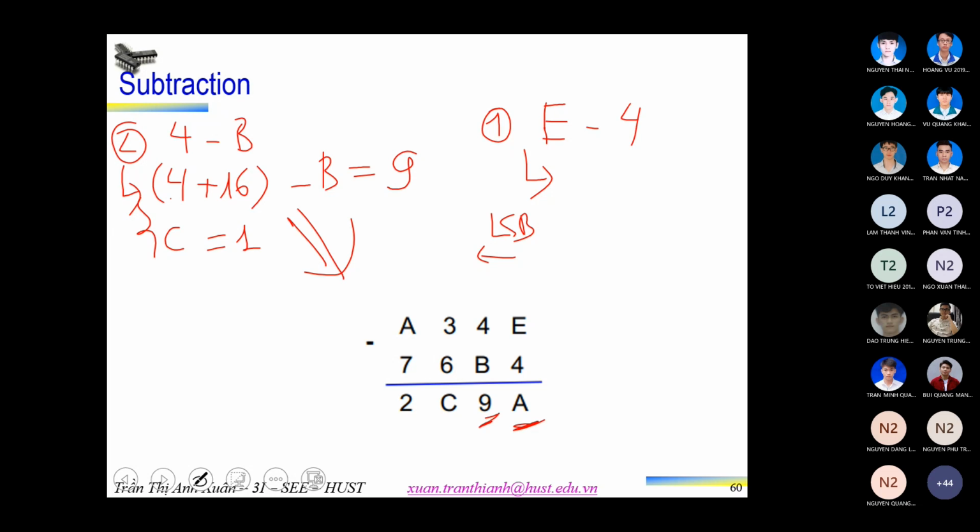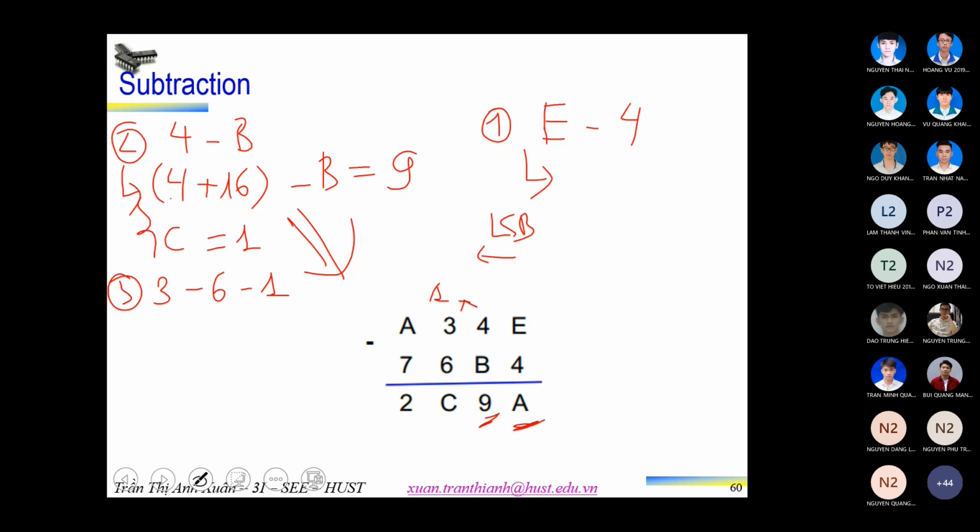9 in decimal is the same in the hexa number system. Next step, we have the borrow here. The next step we do 3 minus 6 minus 1.